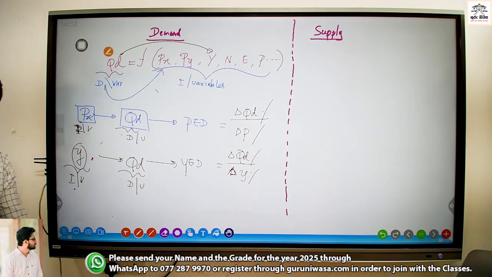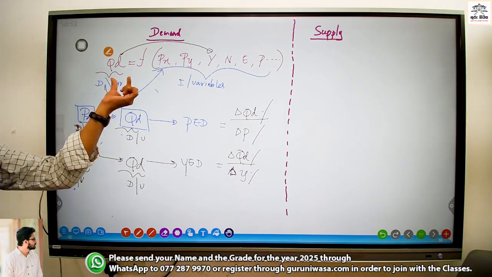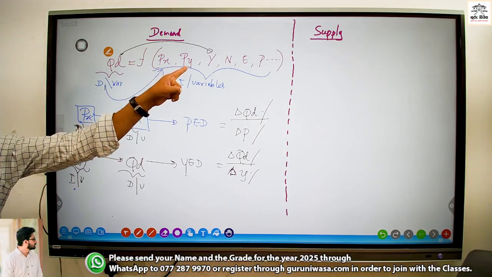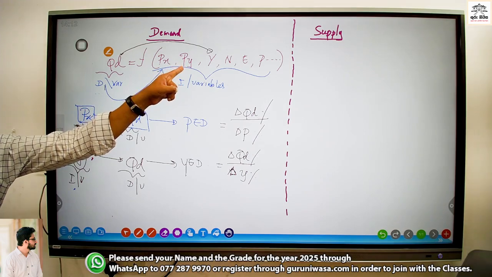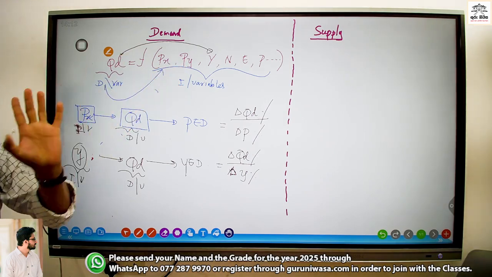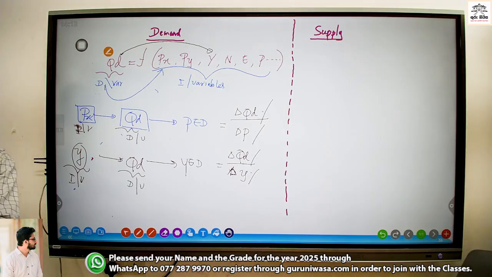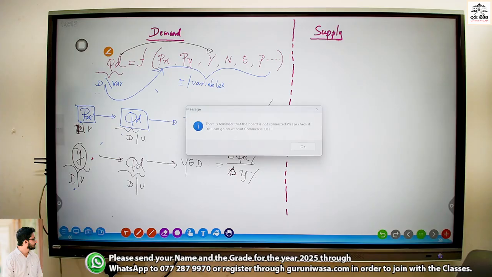Then we calculate another elasticity category for quantity demand and the second factor. What is the second one? PY means prices of other products. Prices of other products means substitute goods and price of complementary goods. Look at the board.